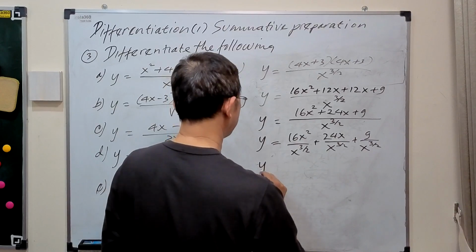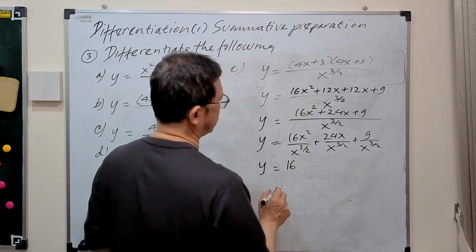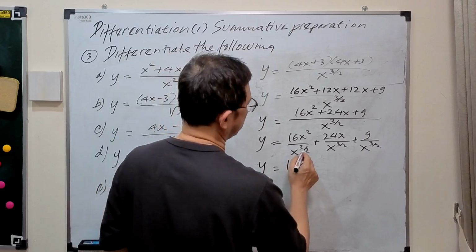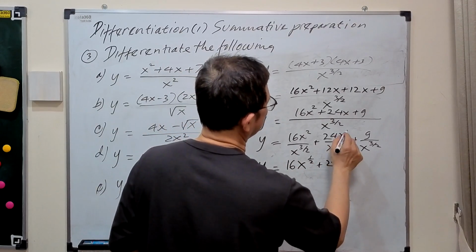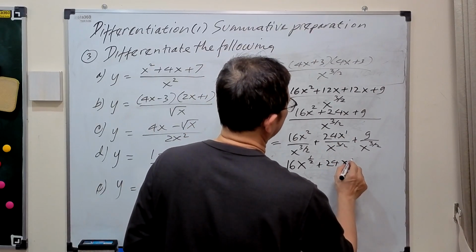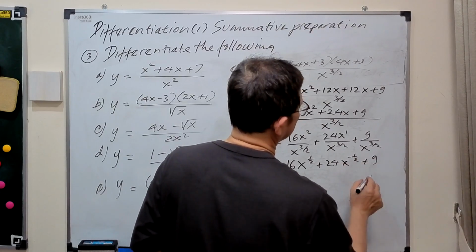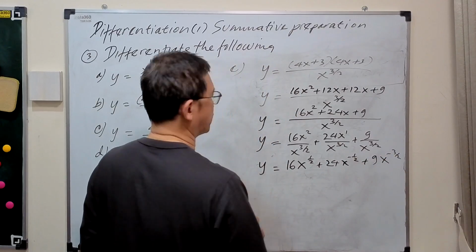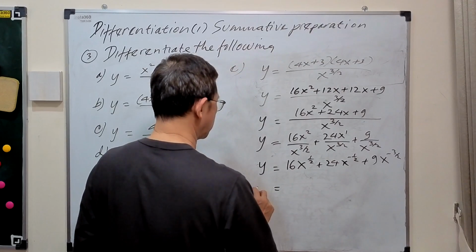Then simplifying to the terms where it's ready to be differentiated: 2 minus 3 over 2, 16x to the power of half, plus 24, treat this as 1 minus 3 over 2, x to the power of negative half. And then right here 9x to the power of negative 3 over 2. Now they are ready to be differentiated.